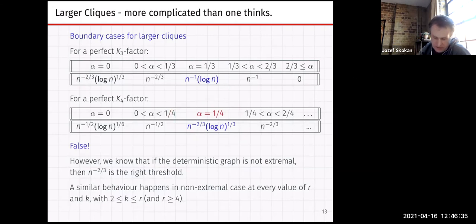Okay, and when you look at some particular example, it will become clear that you would conjecture that the proper threshold is n to the negative 2/3 times log n raised to 1/3. The fact that this is the same as this number is not an accident, because it just means that you need to find a large collection of triangles in the random graph somewhere in this example.